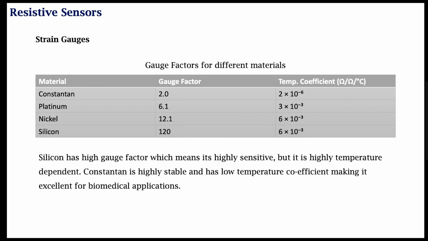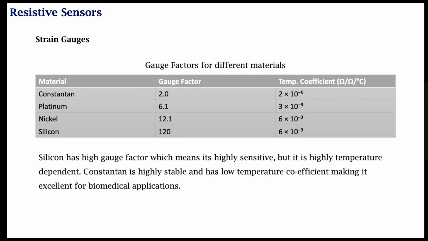So constantan is a lot more stable when compared with, say, platinum or nickel. So if you're looking for a strain gauge sensor that is required to have high thermal stability, then you're looking for constantan.